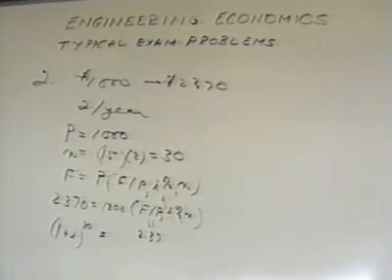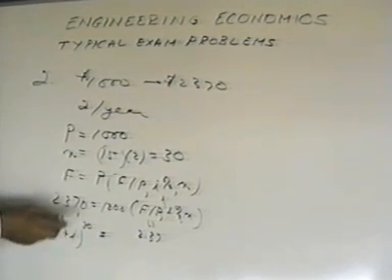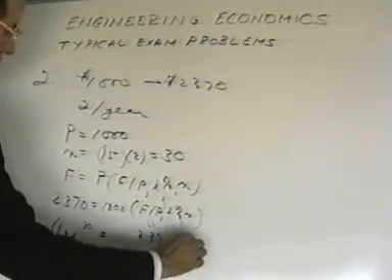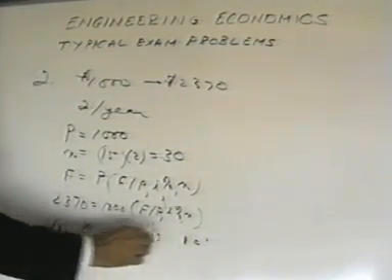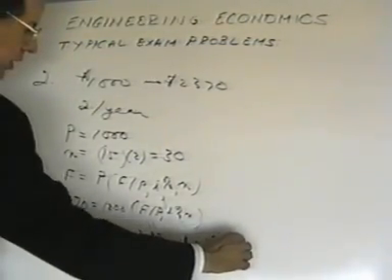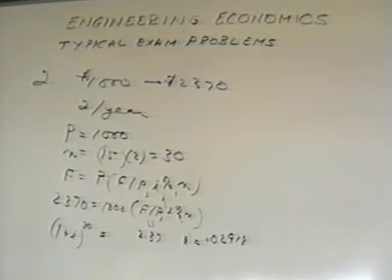So if we solve this equation for I, either by going to a table or using a calculator, we find that I is equal to 0.02918, or if you like, 2.918% would be the effective rate per period.